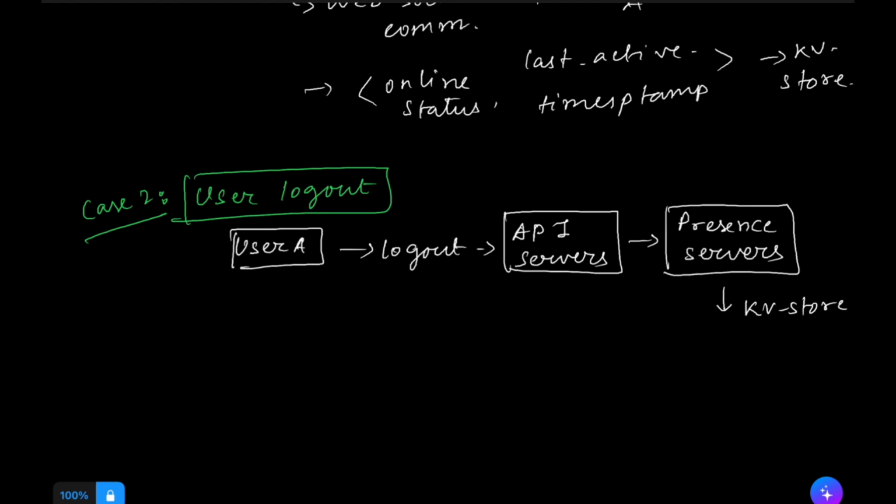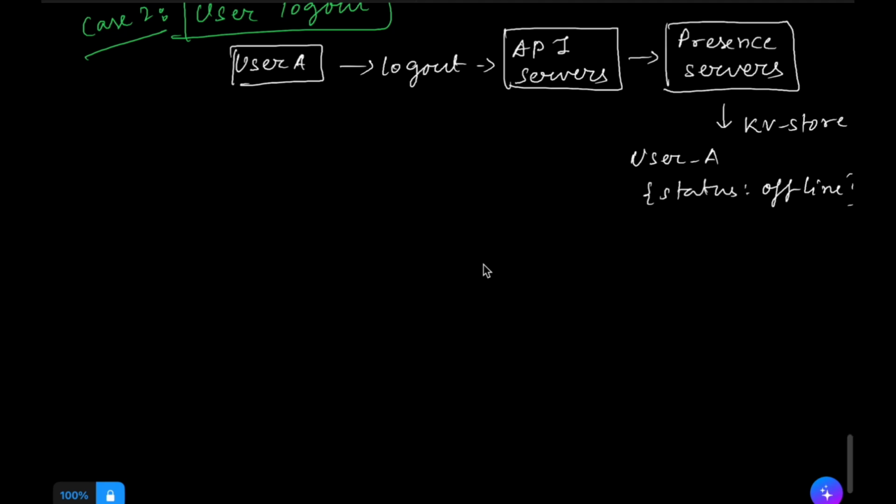What we update in the key value store for user A is the status as offline. And the presence servers indicator shows that the user is offline.